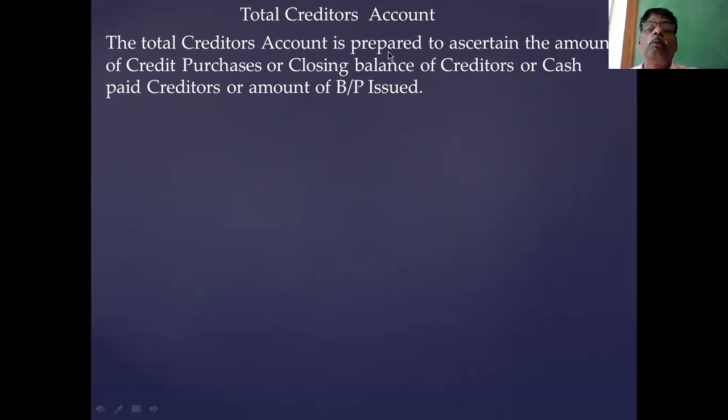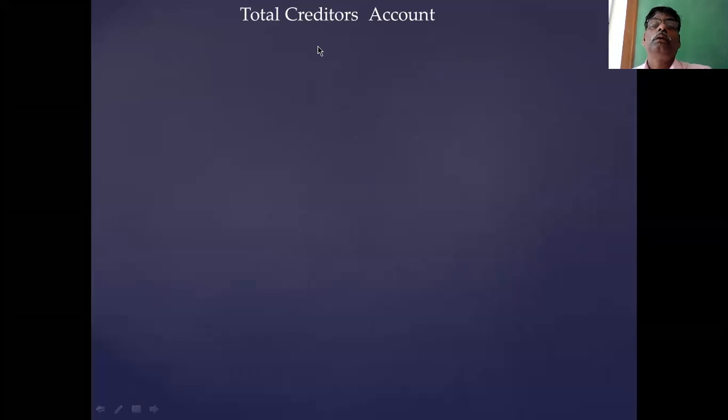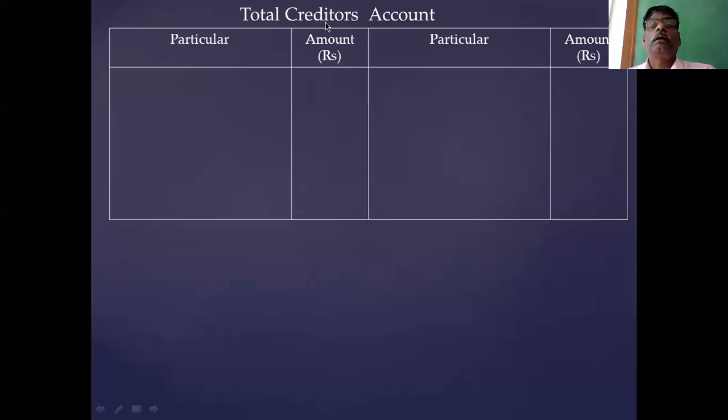And what is the format of the creditors account? The creditors account is a liability account. It is a liability account. So an increase in liability comes on the credit side. Increase in liability is credited. Therefore, whatever items increase, you write on the credit side, and a decrease in liability comes on the debit side.